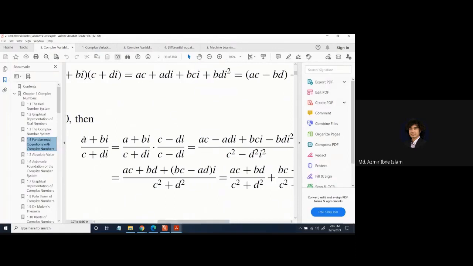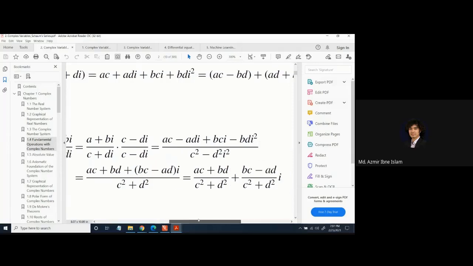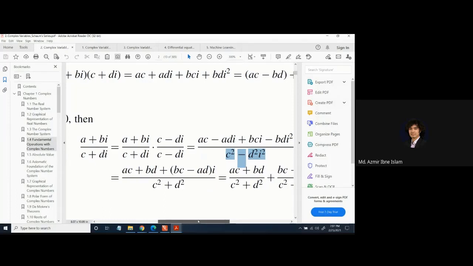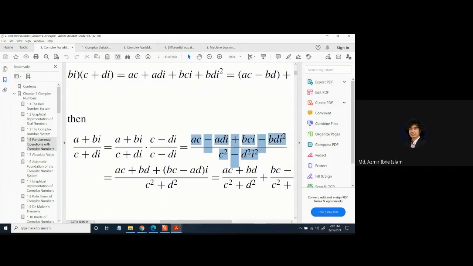Whenever two complex numbers are in division form, have a look at the denominator c plus di. It is multiplied by c minus di, which is the conjugate. So these two things are multiplied, and then it is simple algebra, just like addition and multiplication. After that, you have to reach the standard form.